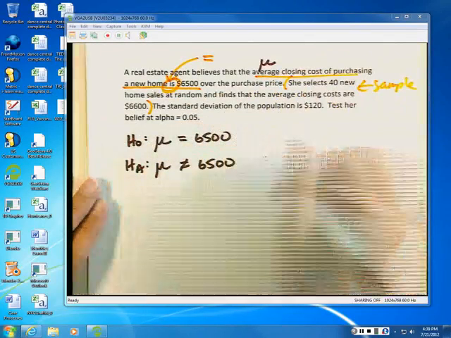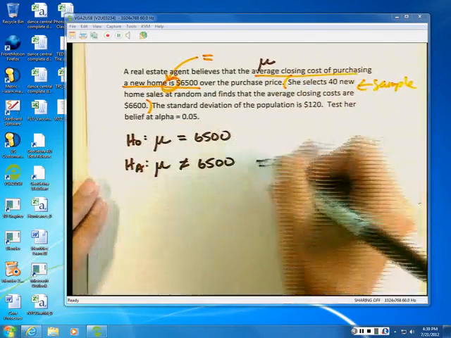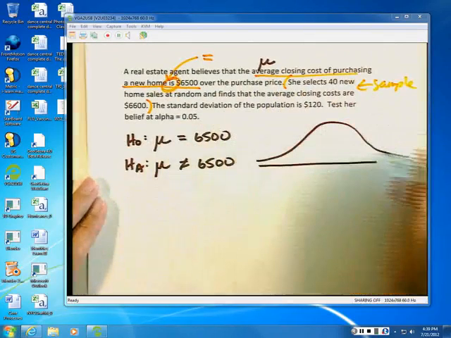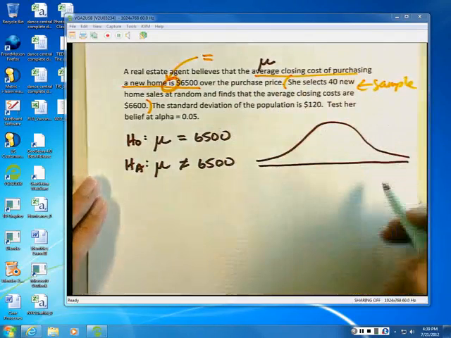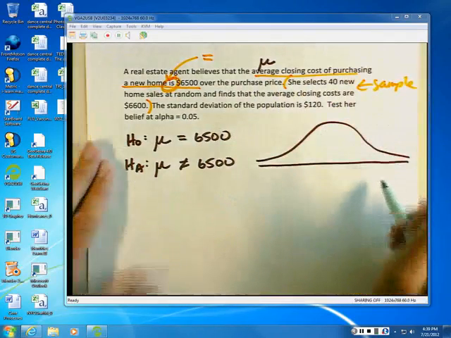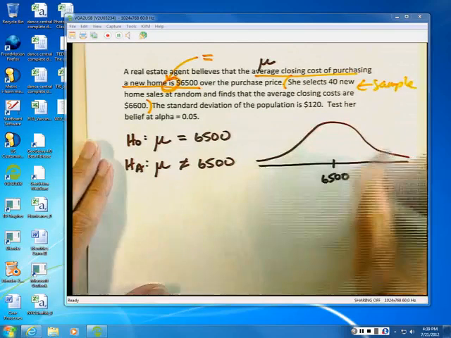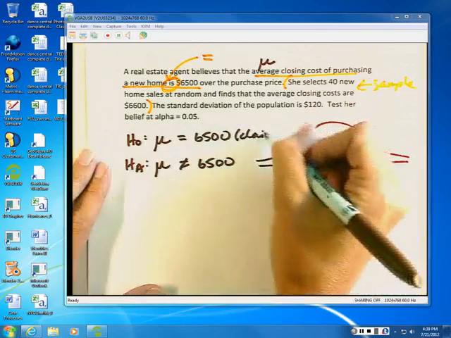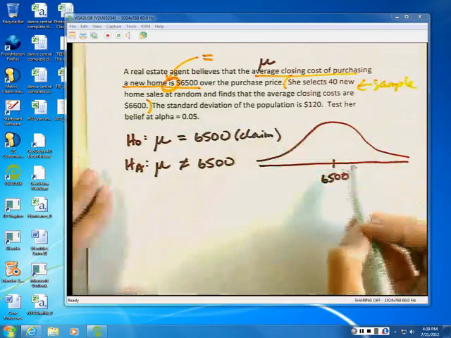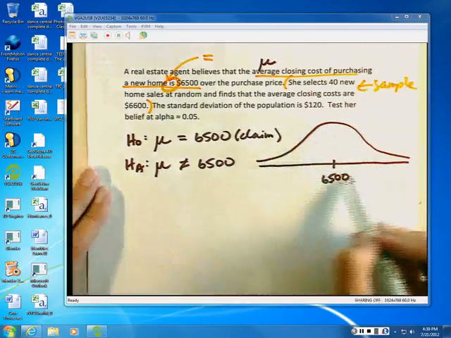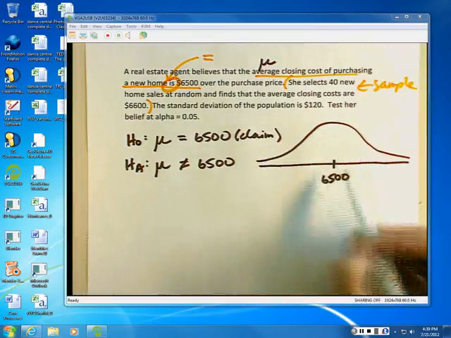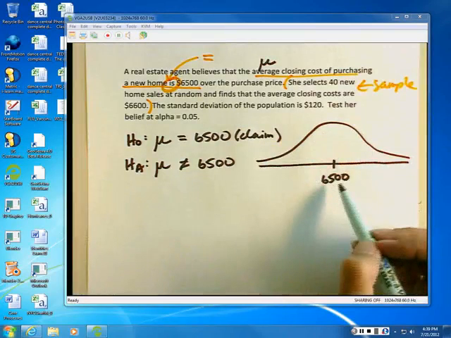I like to draw that normal curve in next. So this would be 100% of any survey results or sample results. We would expect $6,500 to be in the middle if the claim, which is here in this case, is correct. We would expect most of the sample results that people did to be right around $6,500.